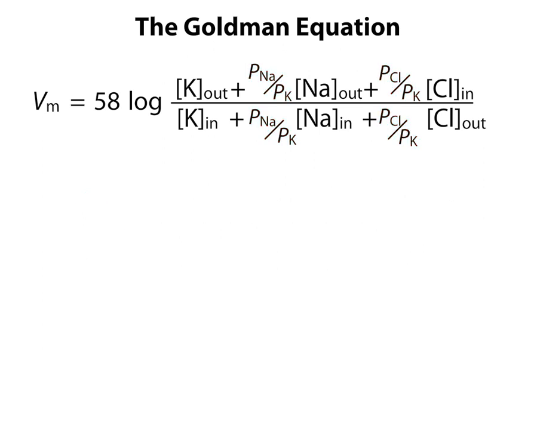Typical values for the relative permeabilities of sodium, potassium, and chloride are 1.00 to 0.04 to 0.45.